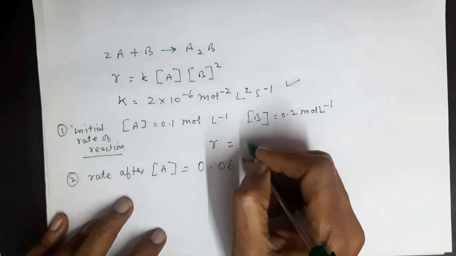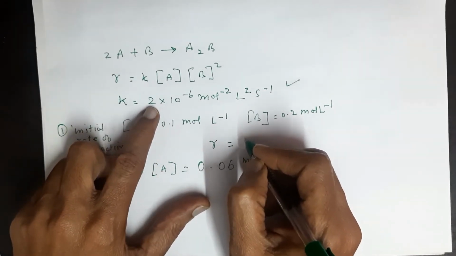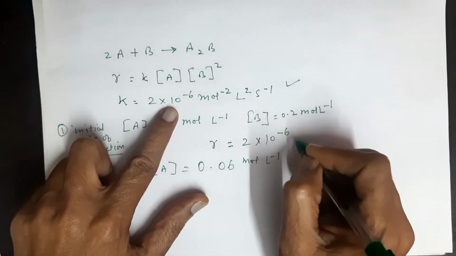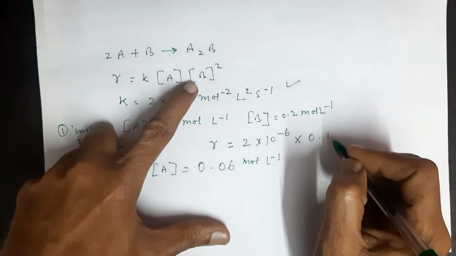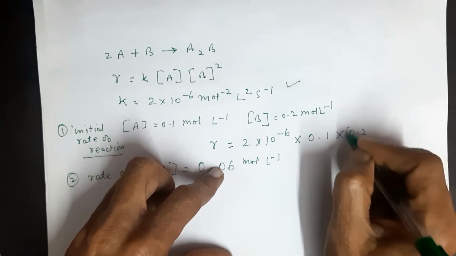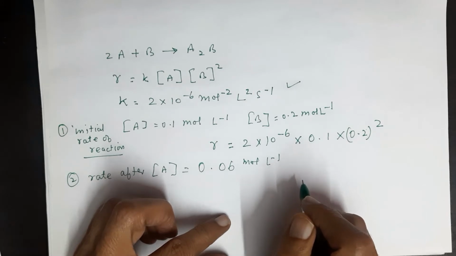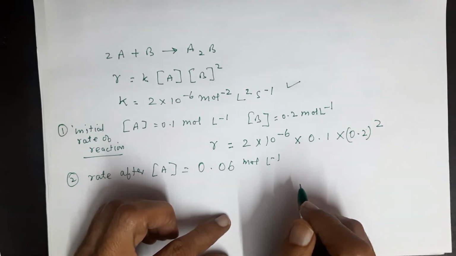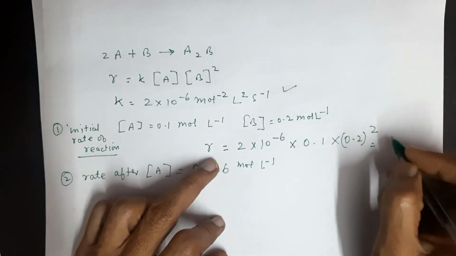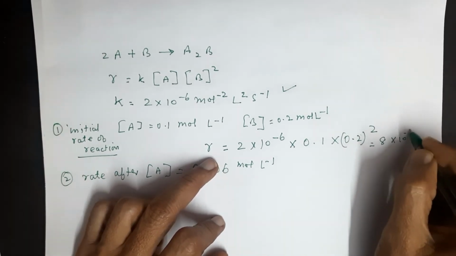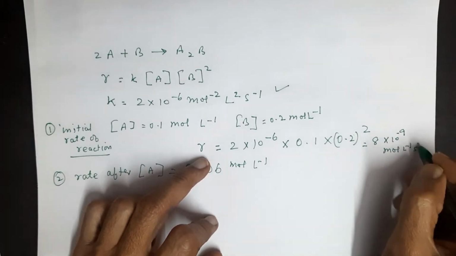R is equal to this formula. K is 2 into 10 raised to the power minus 6, the concentration of A is 0.1, and the concentration of B is 0.2. Calculating further, it comes out to be 10 into 10 raised to the power minus 9 mole per liter per second.